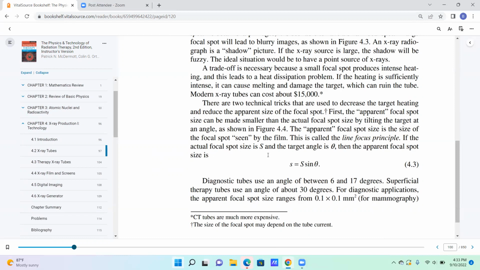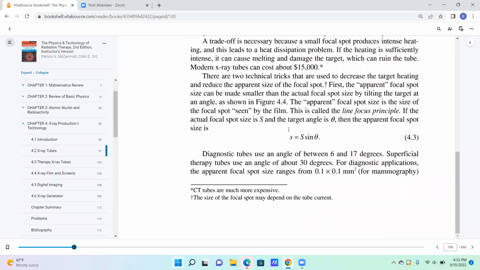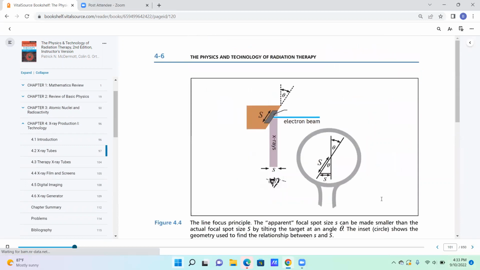If the actual focal spot size is S and the target angle is theta, then the apparent focal spot size is this. Now let's see, it mentions figure 4.4. So you're seeing it here. The line focus principle: the apparent focal spot size s can be made smaller than the actual focal spot size big S by tilting the target at an angle theta.